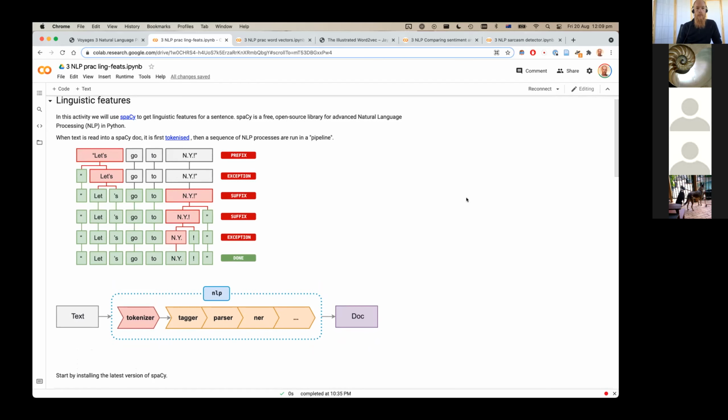The key ones here, it's interesting to look at in the example, let's and the NY abbreviation. So let's gets split into this let and 's form, and the suffix, the plural suffix, the ownership suffix, and the NY is broken down.